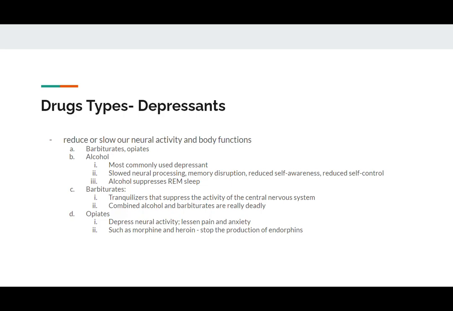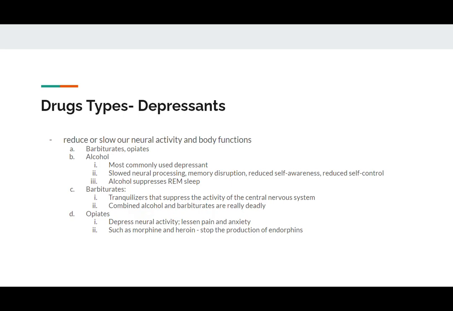So let's continue. The sympathetic nervous system is slowed down by low doses of alcohol, but large doses cause all of the above: slowed neural processing, memory disruption, reduced self-awareness, and reduced self-control. Another key thing you'll find really interesting is that alcohol drinkers often wake up the next day and forget everything that happened the previous day.